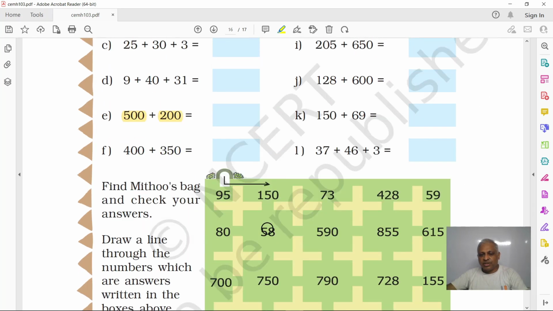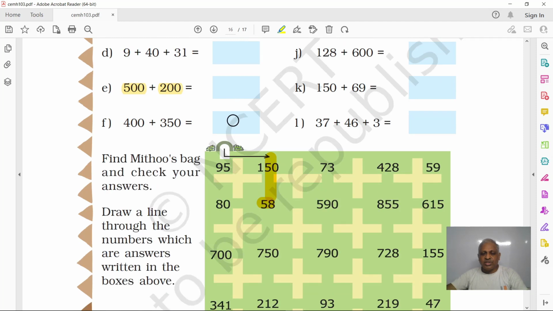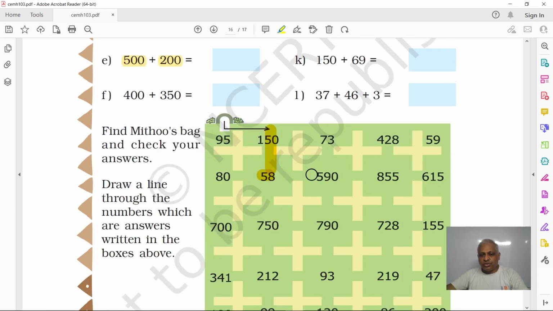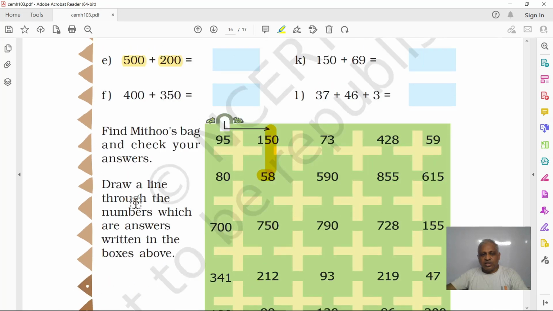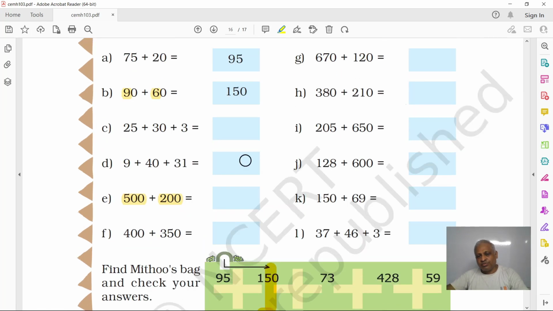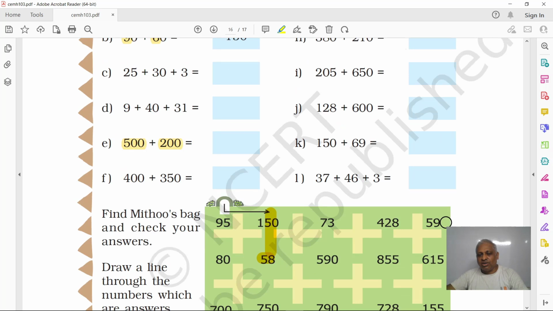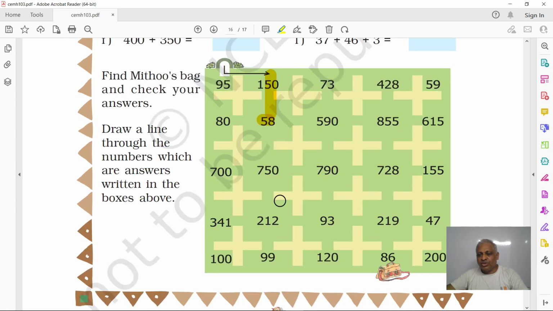It is 58. So this line will come here like this. You have all these numbers here. Then you draw this line. The next number like this. Draw a line through the numbers which are answers written in the boxes above. These are the boxes. You have written the answers and you draw a line through them.